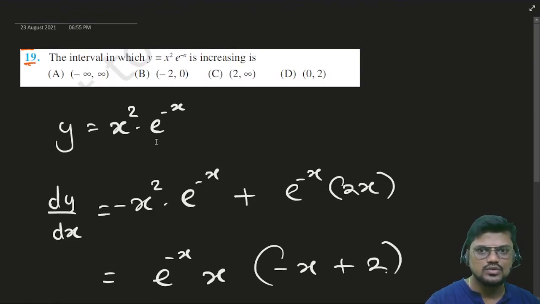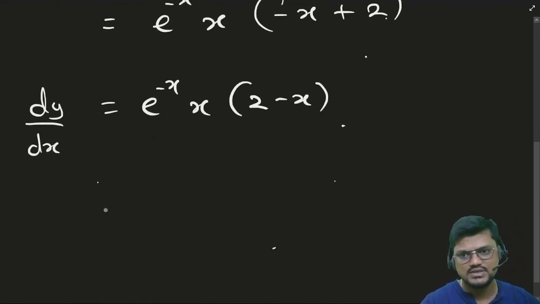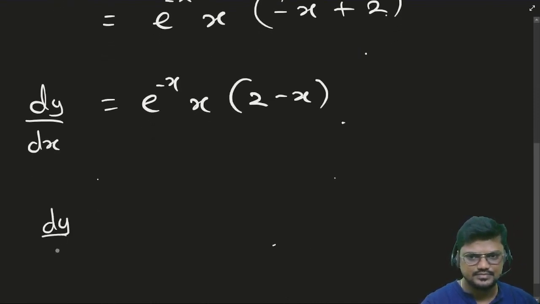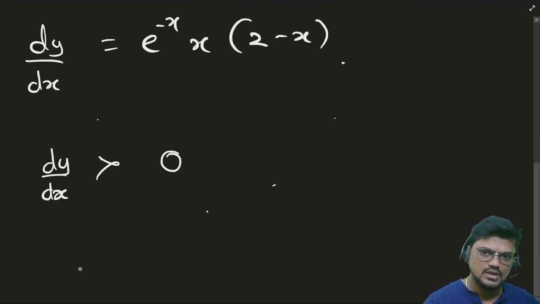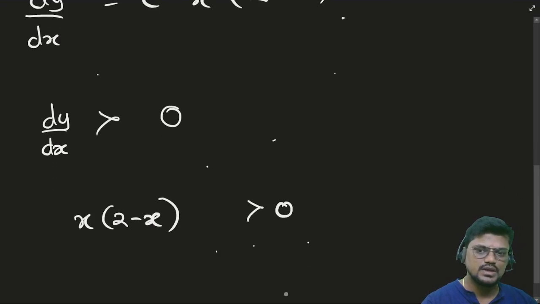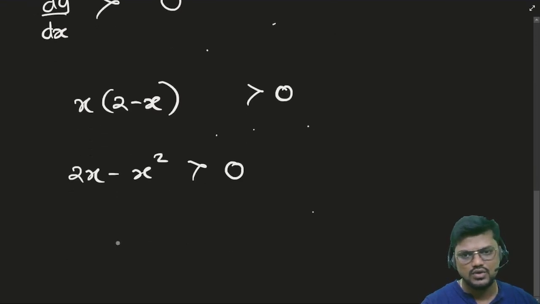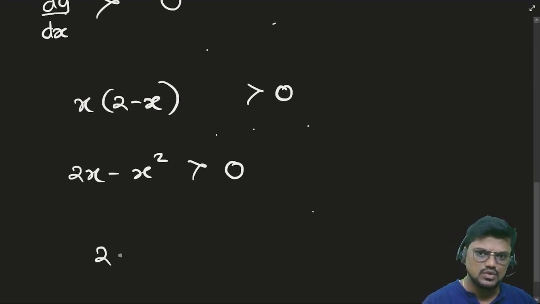Now what do you have to do when it is increasing? It is increasing when this dy by dx is greater than 0. That is, x into 2 minus x should be greater than 0. That is 2x minus x square greater than 0, so 2x is greater than x square.